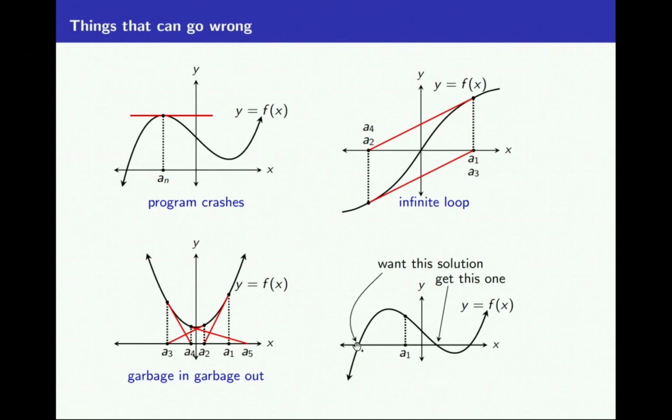You wanted this solution, but you're going to get this solution. So you might file this under uncritical use of Newton's method. It's an art. You have to use it in the right way and know what you're doing when you use it.